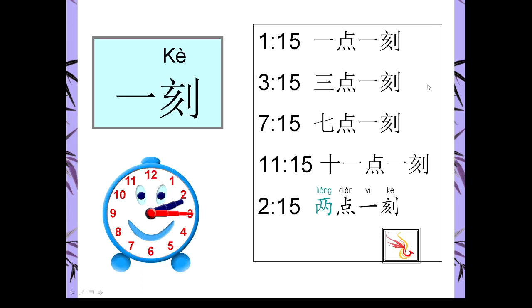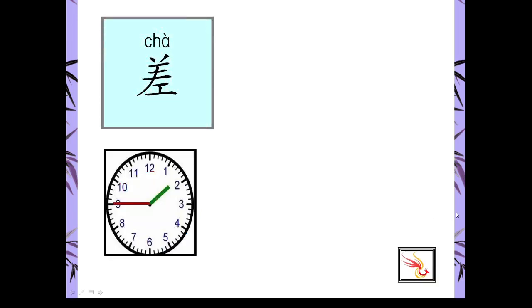Quarter past 3, 3点一刻. Quarter past 7, 7点一刻. Quarter past 11, 11点一刻. Quarter past 2, 2点一刻.